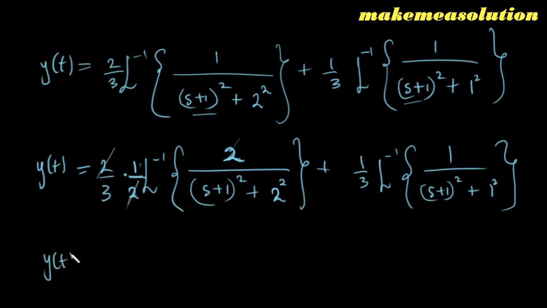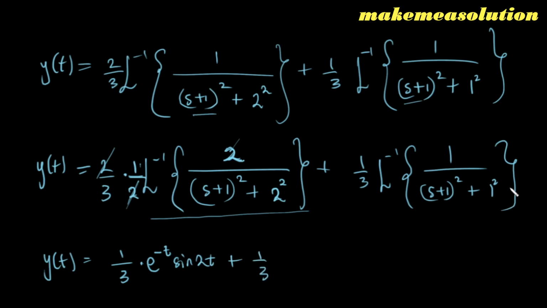So the reciprocal that I introduced here will now cancel out this one. So your y of t will be 1/3, then the Laplace inverse of this whole stuff is going to be what? Who can guess what it will be? I'll use the shift theorem, and using the shift theorem it is going to be exponential minus t sine 2t, and plus 1/3.